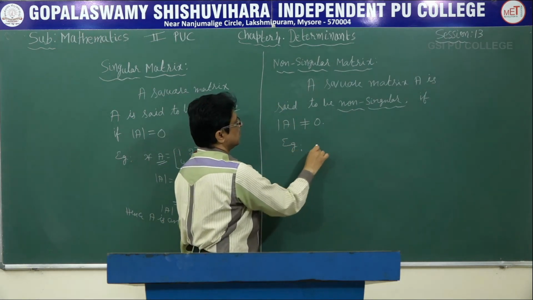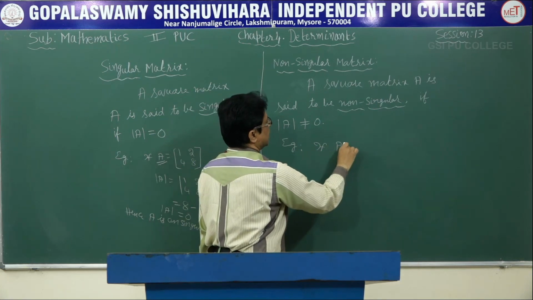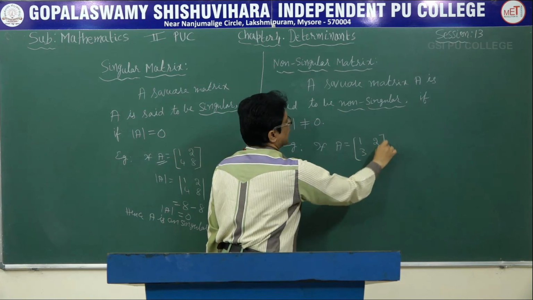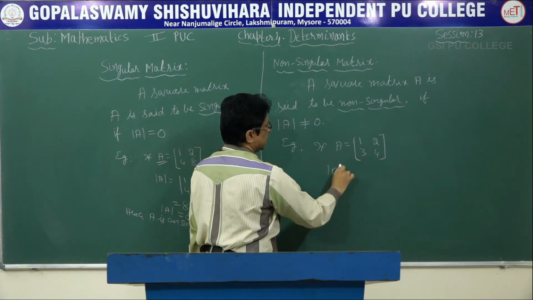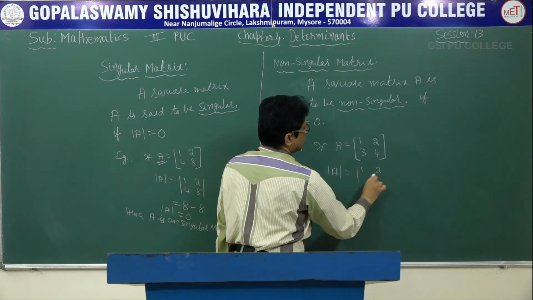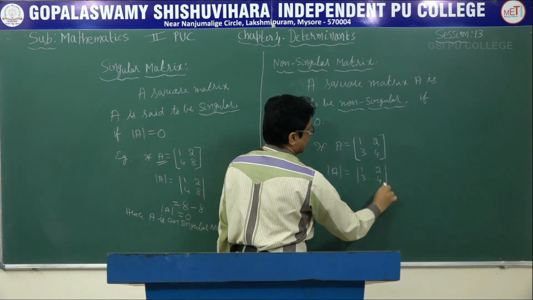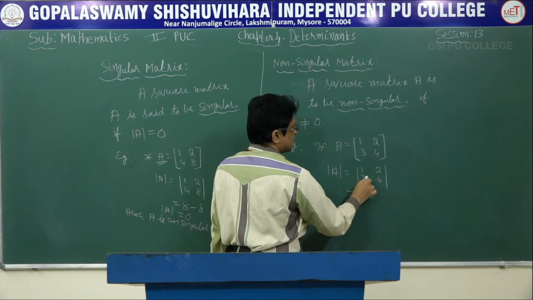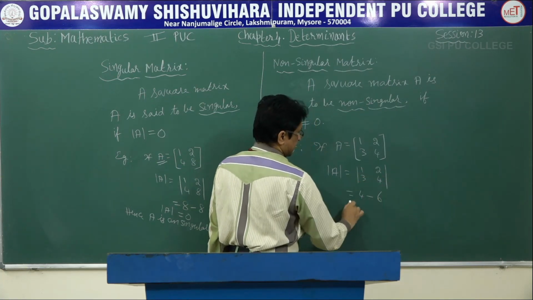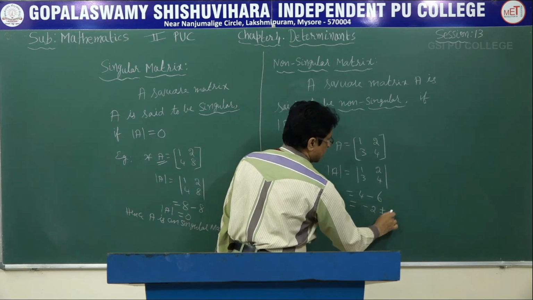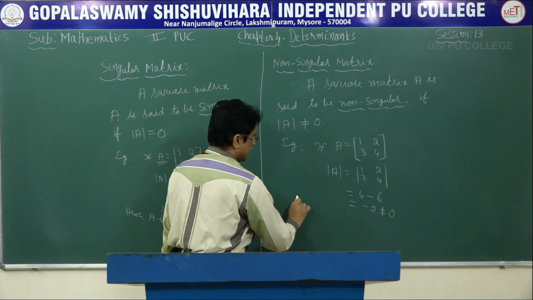Example, if A equals 1, 2, 3, 4. So let us find the determinant of the given matrix. So determinant of 1, 2, 3, 4, which is equal to 1 into 4, 4, minus 3 into 2, 6. So 4 minus 6, minus 2, not equal to 0.